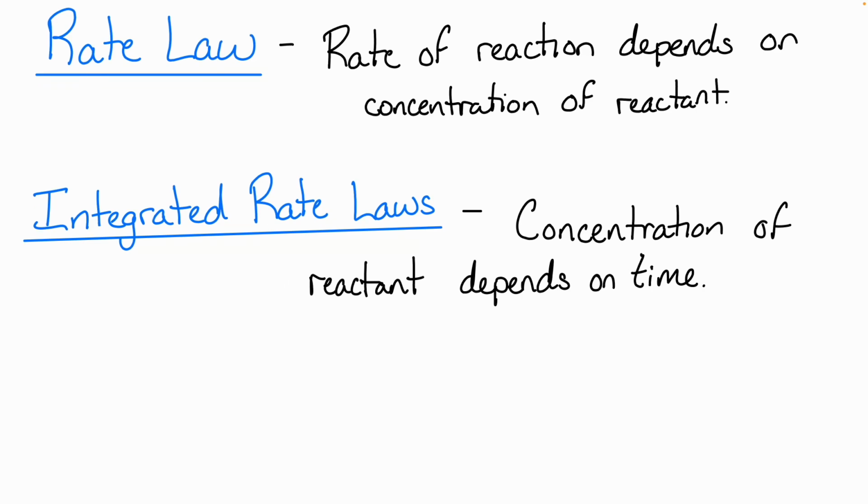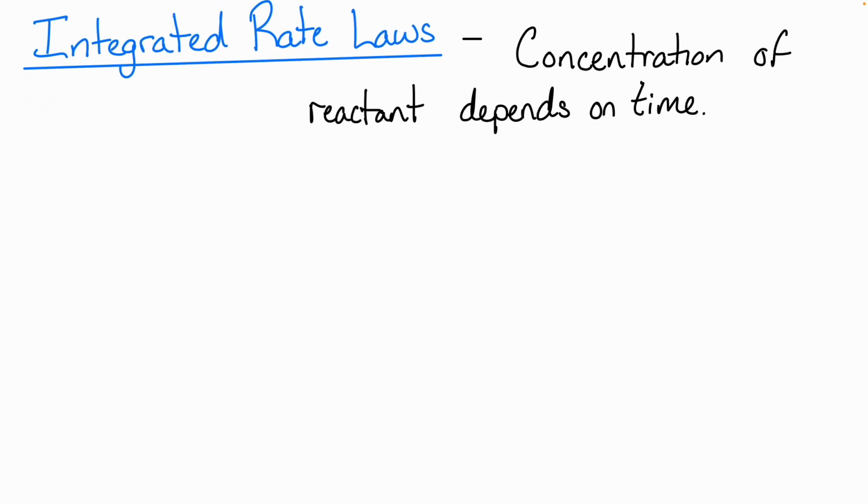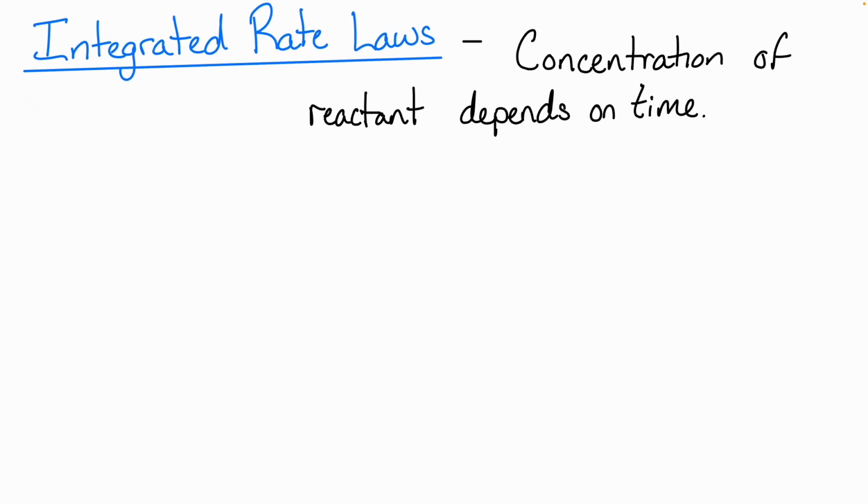So let's remember that we can get the rate of our reaction. Again, we're going to look at this very simple reaction where A goes to product.